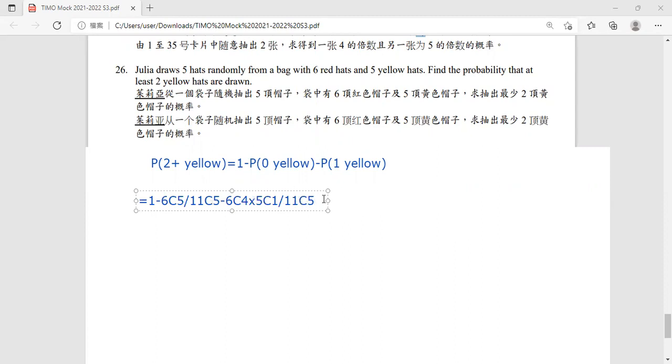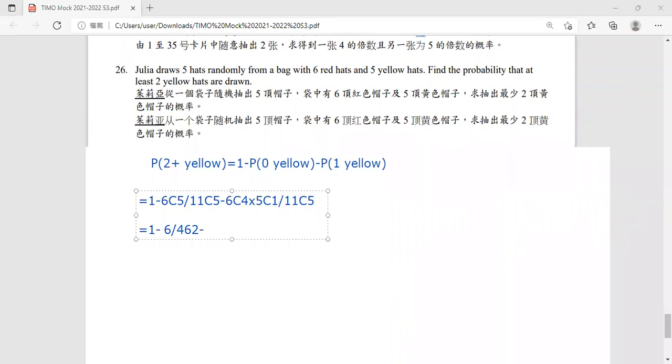Which equals what? 11C5 is 462, so don't be so afraid, it's not a very large number.